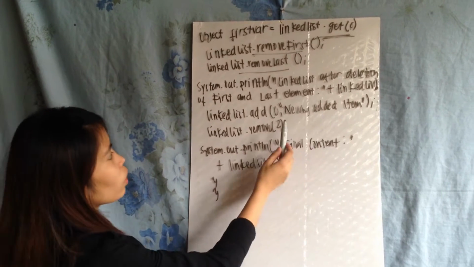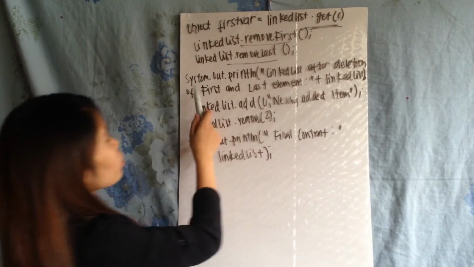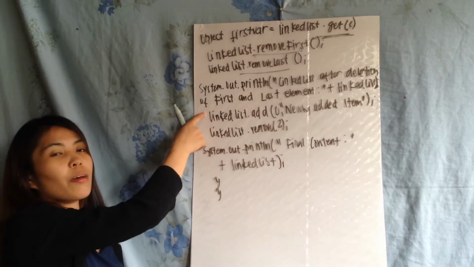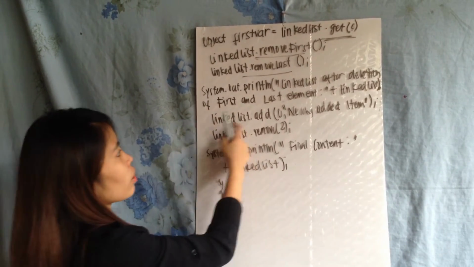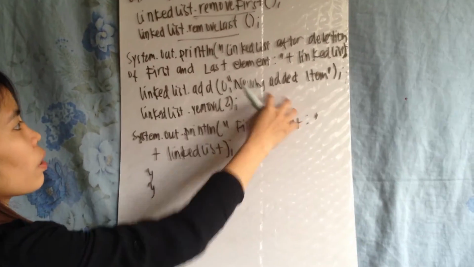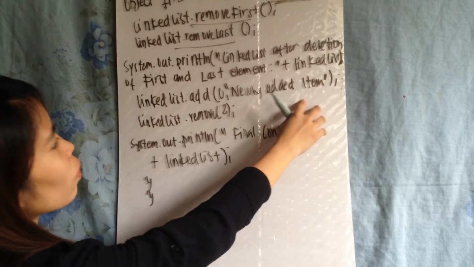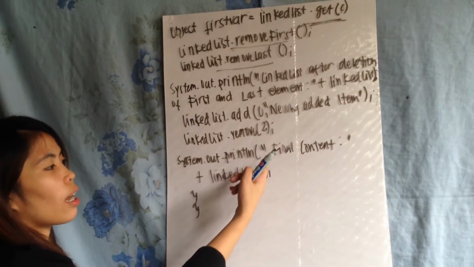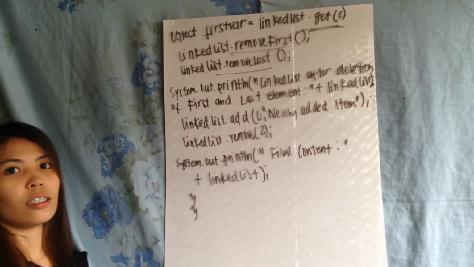So, dito, di ba dito sa System.out.println na ginawa natin, display natin yung element na meron tayo dun sa linked list. And pagdating dito, gagamit tayo ng ilalagay ko yung new added item para ma-display naman natin dito sa final content ng ating linked list.